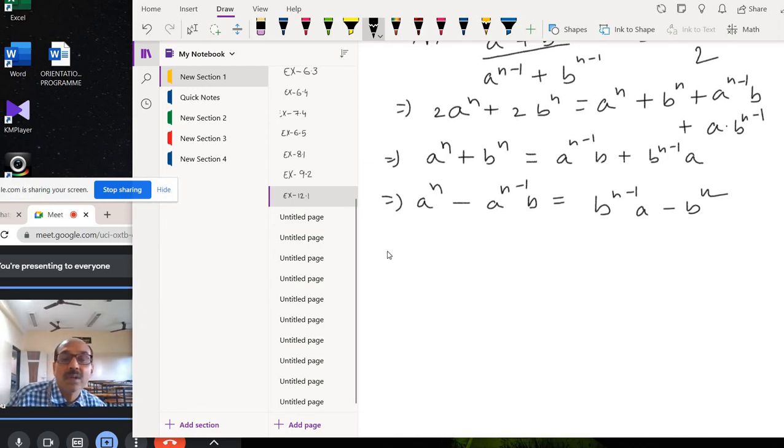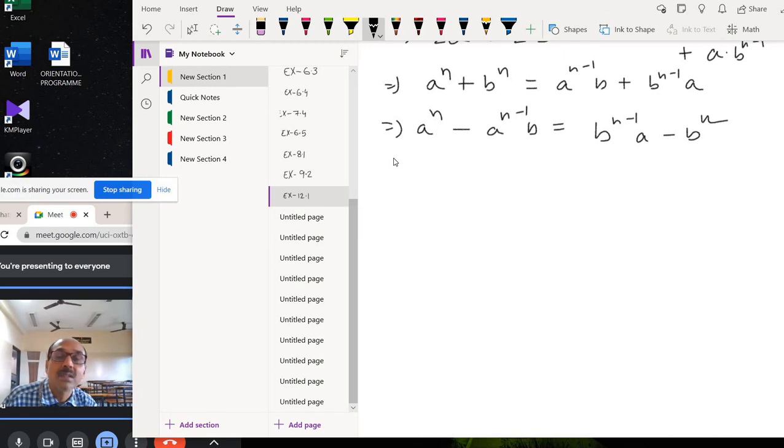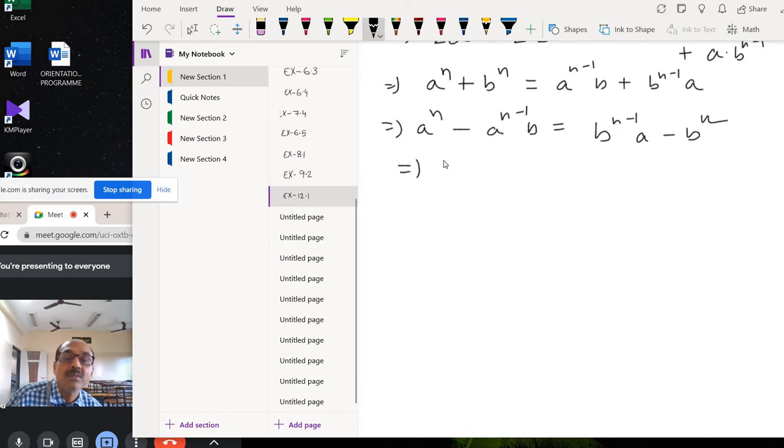Now take common. What is common? a to the power n minus 1 is common. a into a to the power n minus 1 means a to the power n.